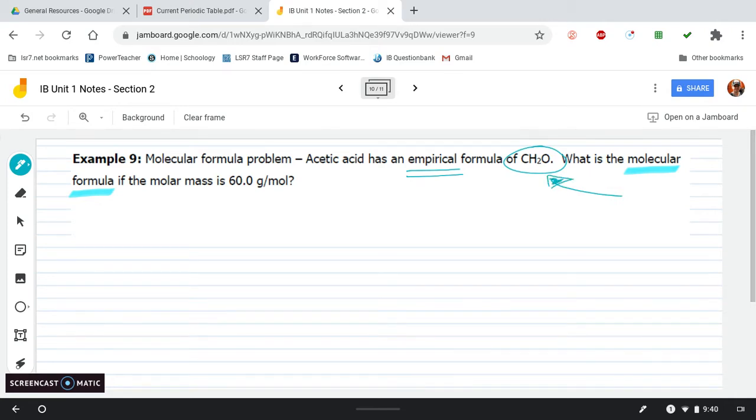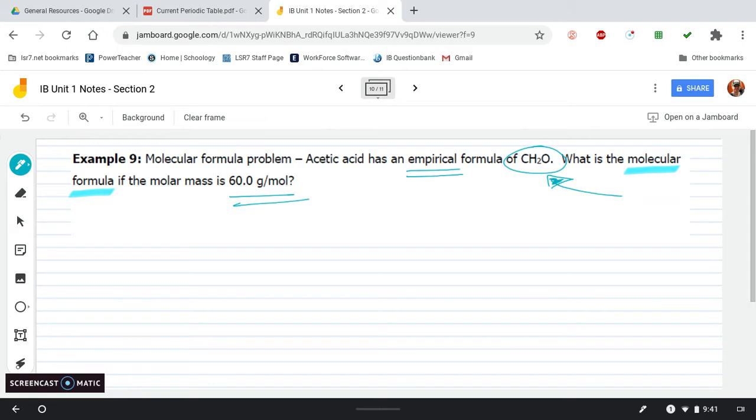And then over here, they're saying the bigger version of CH2O weighs 60. So they give you the weight of the bigger version, and you just have to figure out how many times you can put the small version into 60. That's going to give you the multiplier.